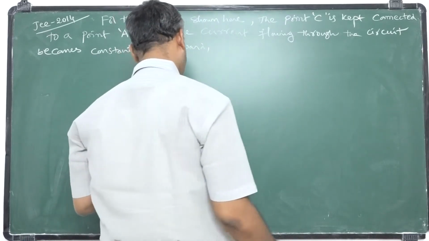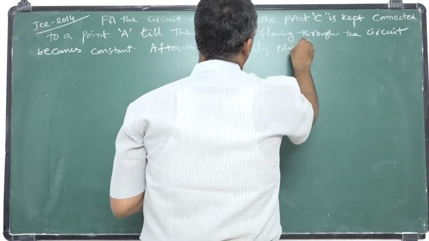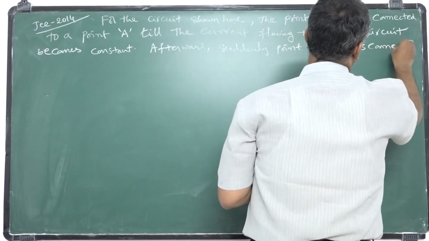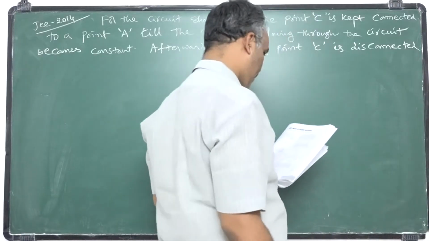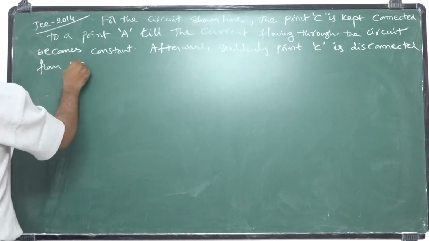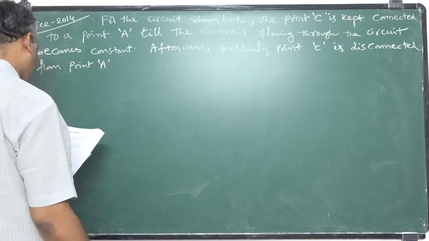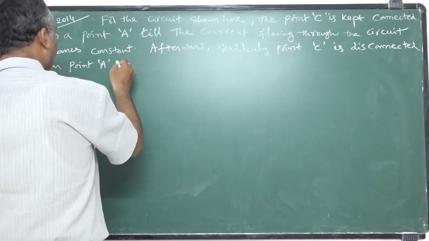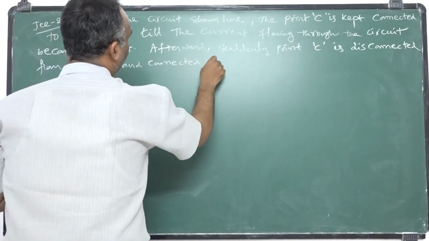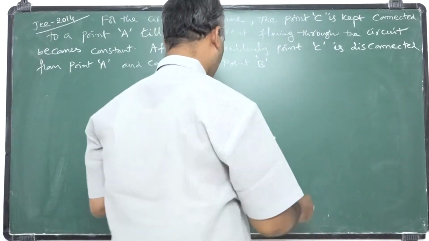suddenly point C is disconnected from point A and connected to point B at time t is equal to 0.